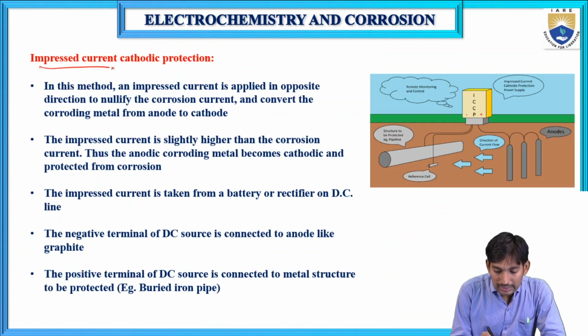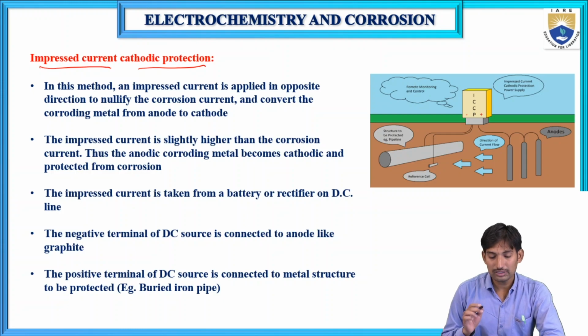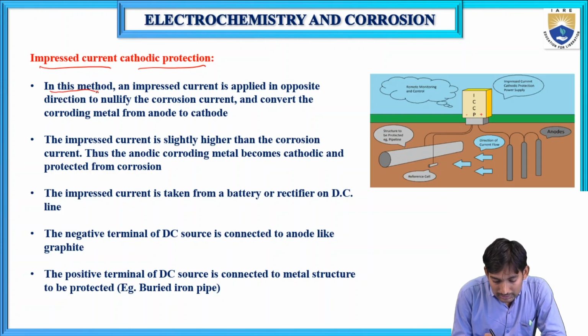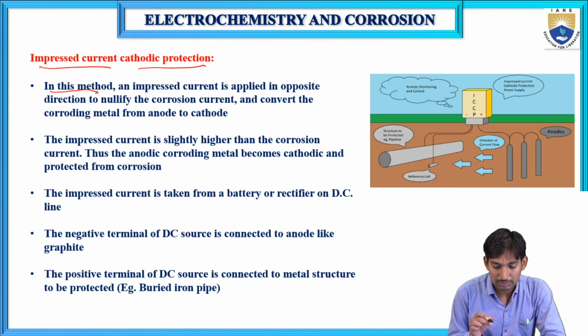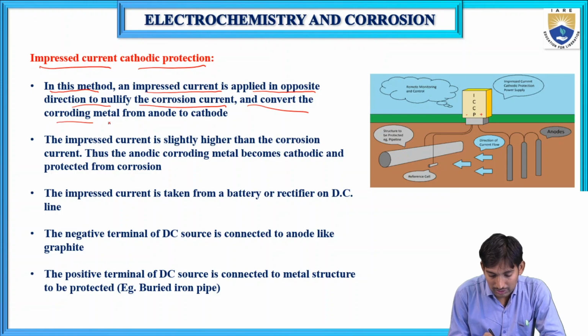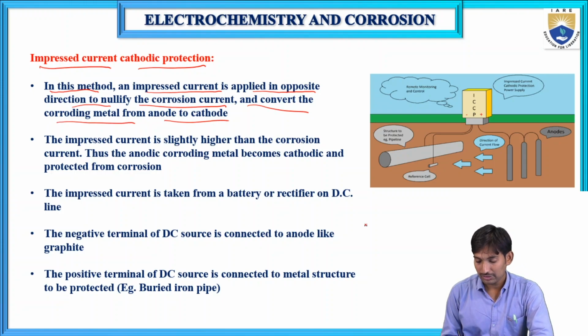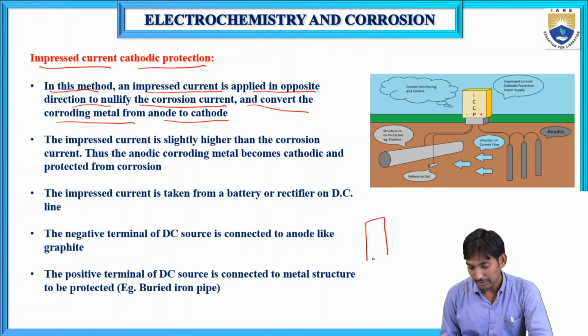The impressed current cathodic protection. What is the impressed current cathodic protection? We'll see. In this cathodic protection method, an impressed current is applied in the opposite direction to nullify the corrosion current and convert the corroding metal from anode to cathode. In this method, what happens? This is our base metal.